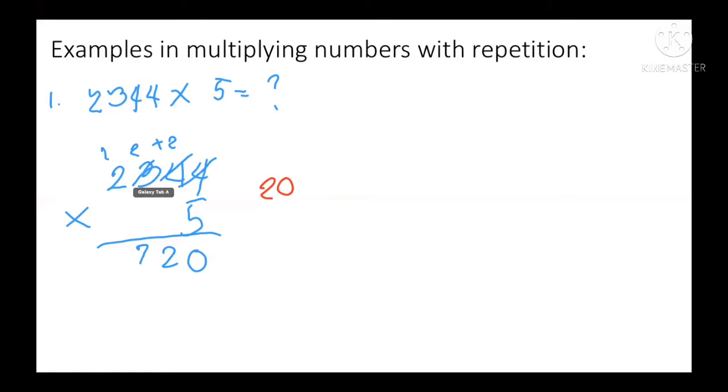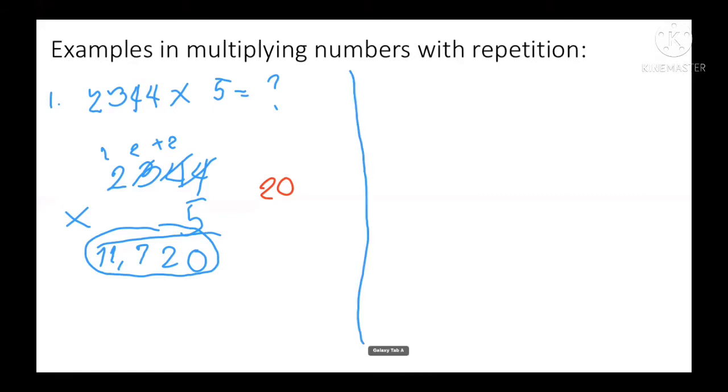Let us now move on to the last digit. 5 times 2. 5 times 2 is 10, correct? 10 plus 1, that is 11. Good job. Now, what will be our product? What is our product? 11,720. Very good. Next example.